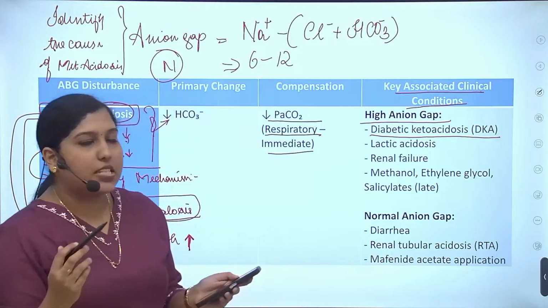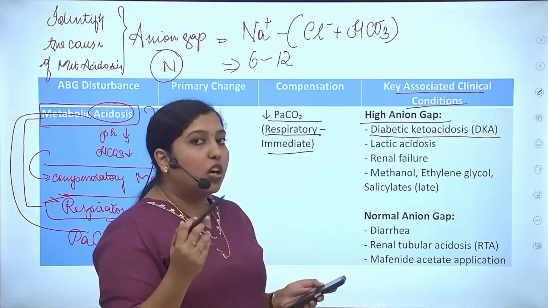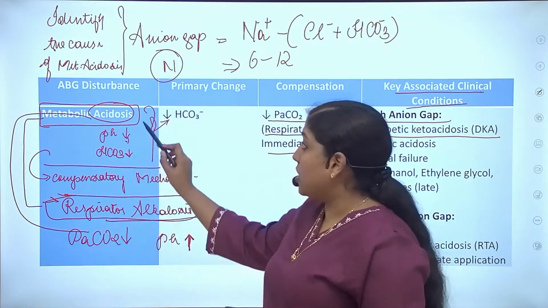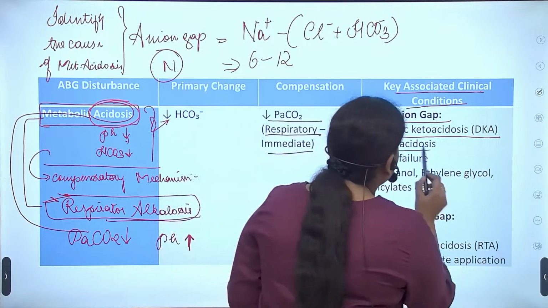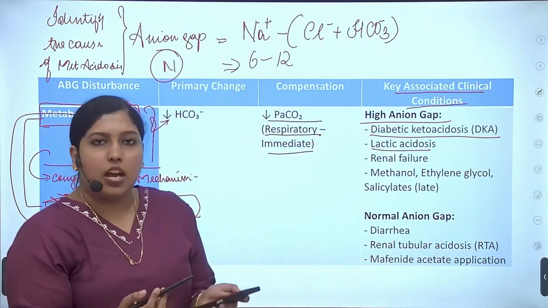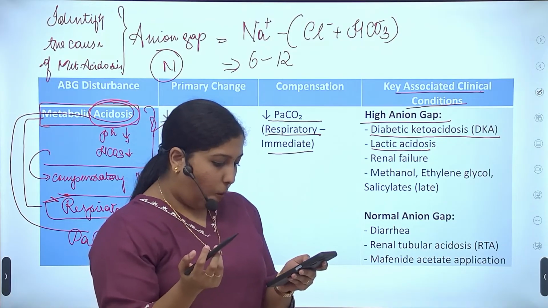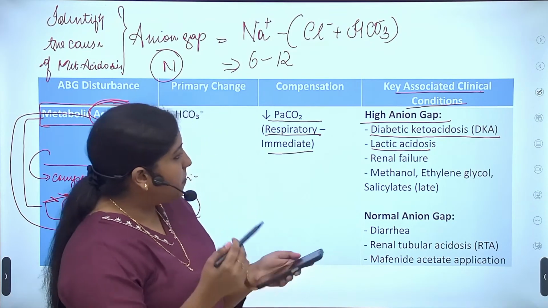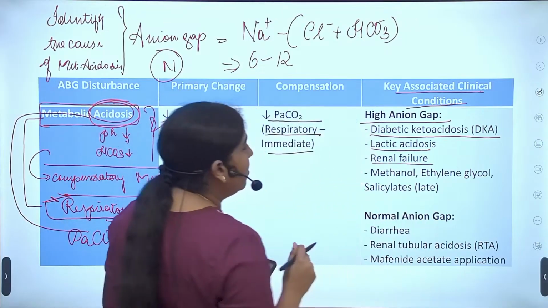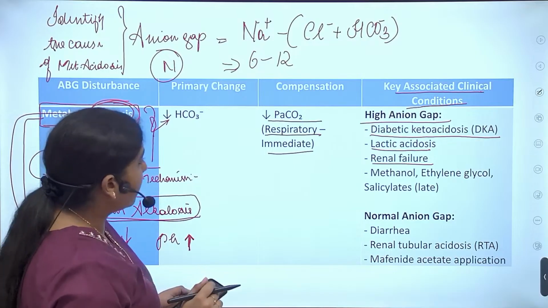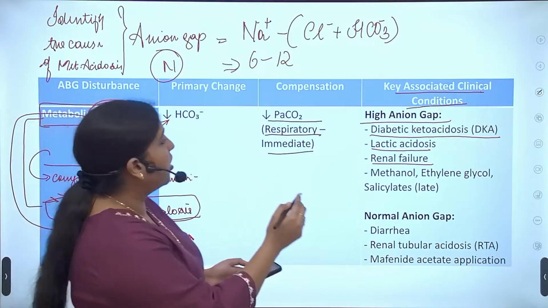Because of excessive ketone bodies, the acids are accumulated inside the body, which in turn is going to cause metabolic acidosis. Next is lactic acidosis. Obviously, acid production is going to cause metabolic acidosis. In case of renal failure, in that case also, there will be metabolic acidosis.